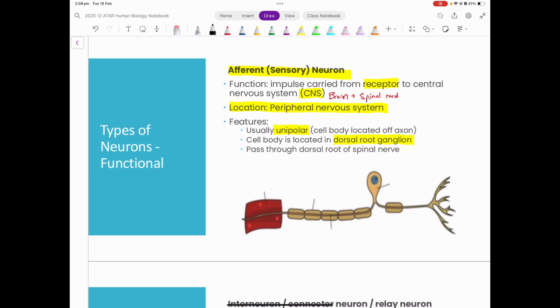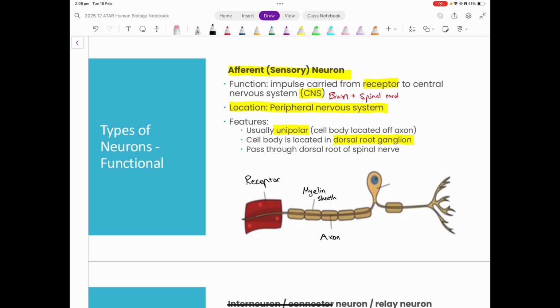So when we look at this image down the bottom, we can see that what this neuron is doing is taking the signal from a sense organ. So this one over here is a receptor, and this receptor travels along the axon, and the axon is made up of not just the axon itself, but these surrounding cells, which we can refer to as the myelin sheath.